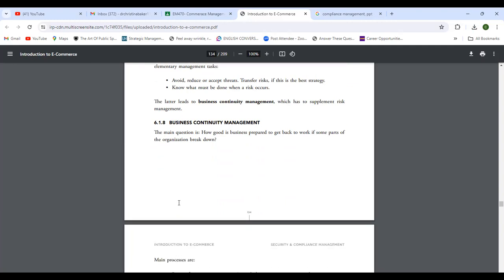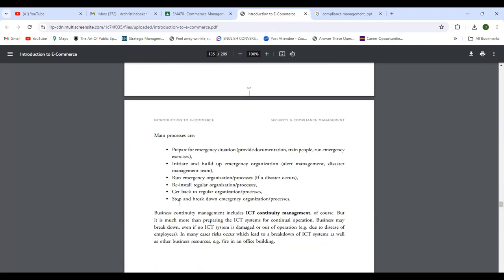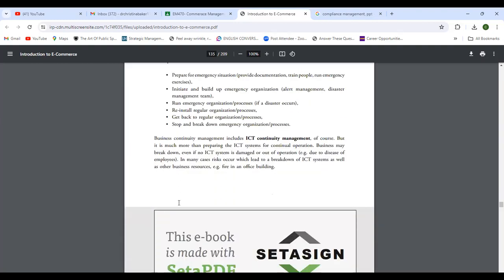Business continuity management. The main question is, how well is the business prepared to get back to work if some parts of the organization break down? We prepare for emergency situations, provide documentation, train people, and run emergency exercises. We initiate and build up emergency organizations, alert management, and a disaster management team, and run management organization processes if disaster occurs.